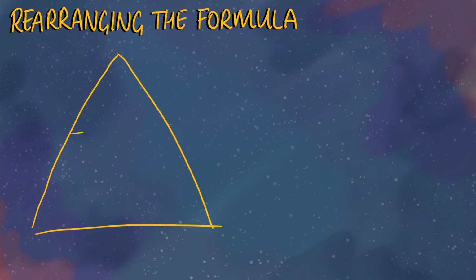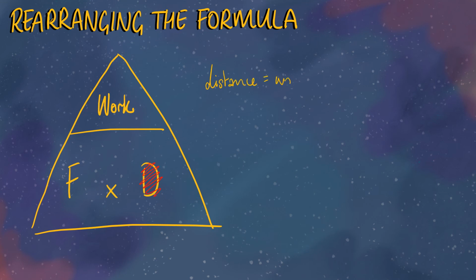Now, on to rearranging the formula. So we draw our triangle, and this is just like a regular formula triangle with one thing on the top and 2 things at the bottom. So if we wanted to rearrange it to find out the distance, we cover up the distance, and then we are left with distance equals work divided by force, and that will give us our distance.